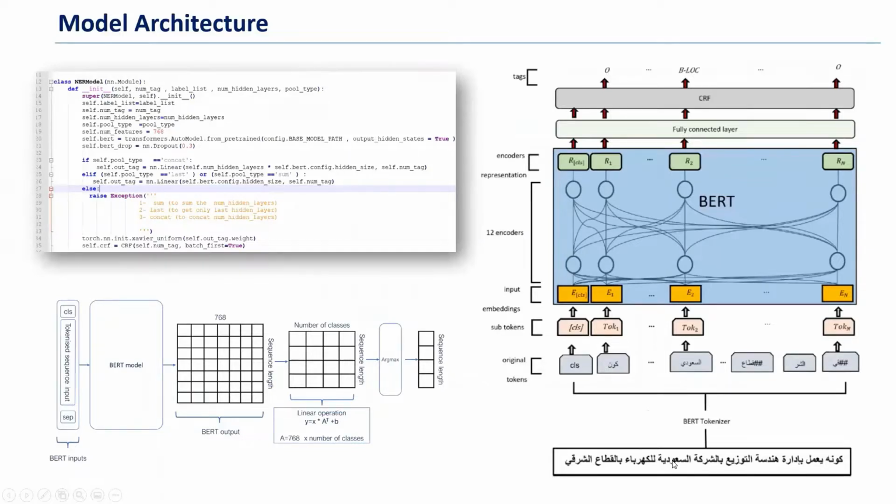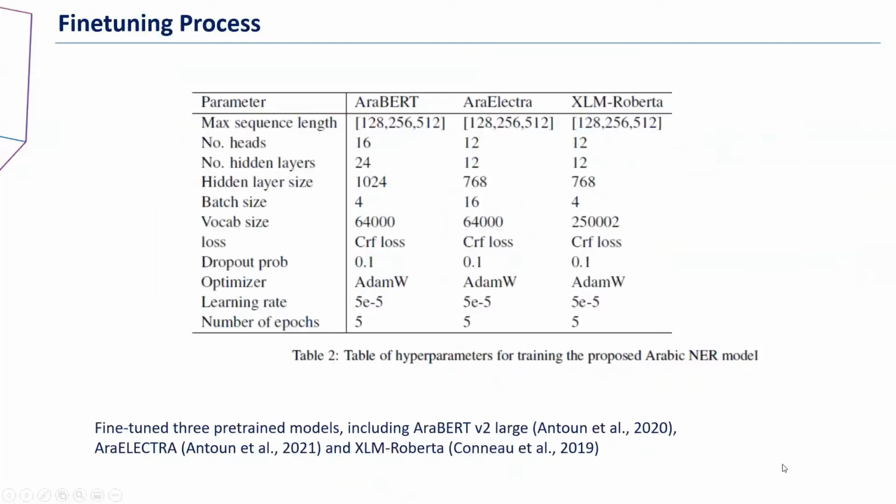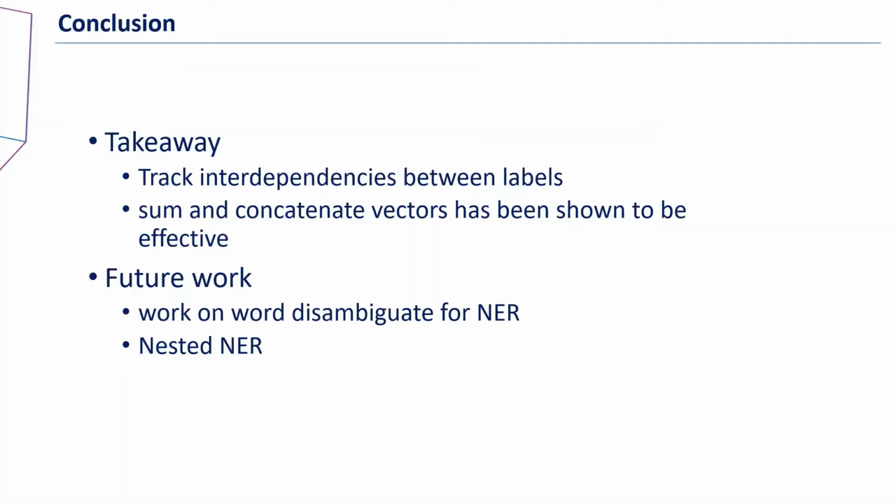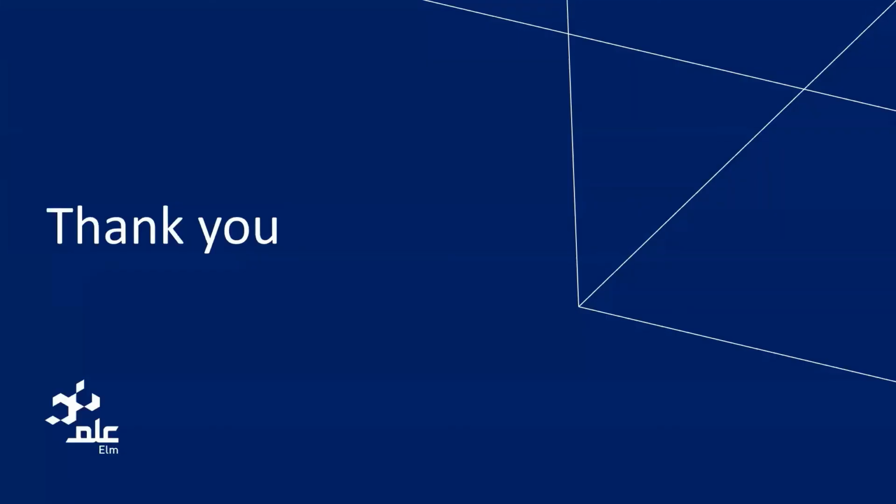And this is actually right, because السعودية here is a country or location, but at the same time, بإدارة هندسة توزيع الشركة should be an organization and this is a location, right? So this is what we call nested NER, and we hope we can perform better, because we applied this in our semantic search engine for cases inside the Ministry of Justice. Thank you very much, and that's from my side.